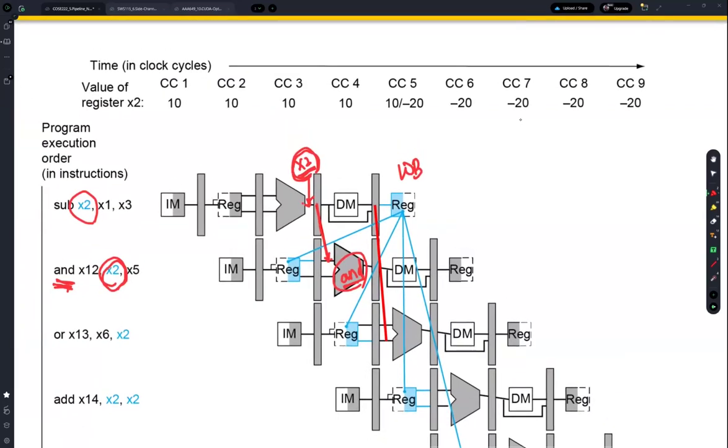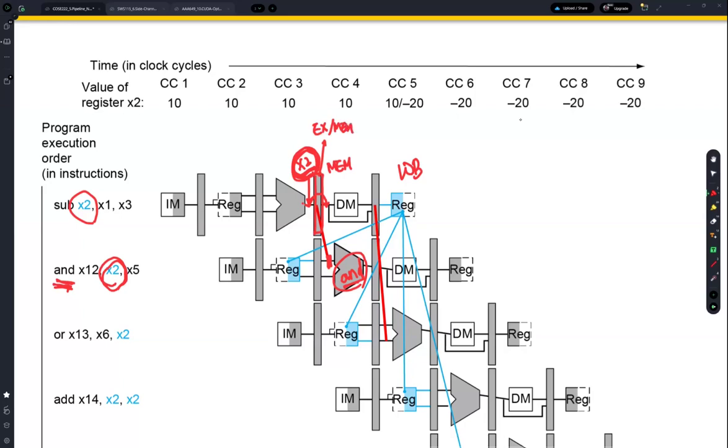The data is required at this point, and this X2 data is also propagated to the memory stage. Okay, so this is the X2, the result of the ALU, held by this pipeline register, the EX and memory pipeline register.